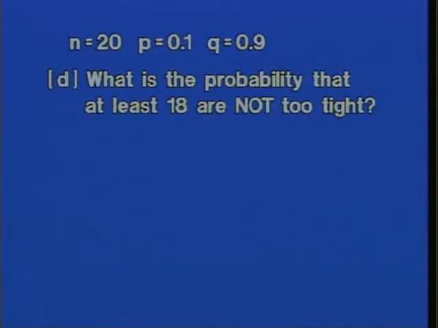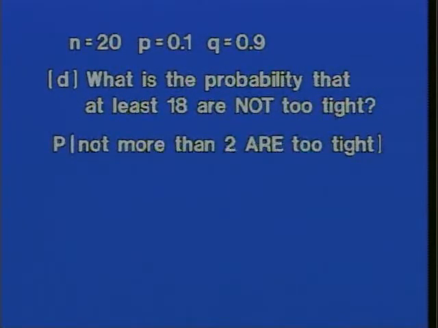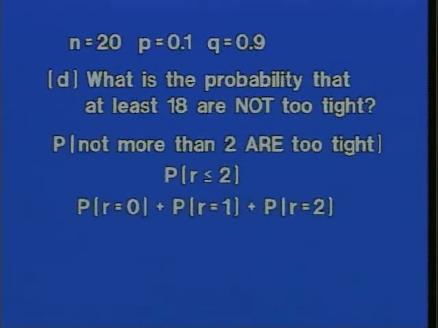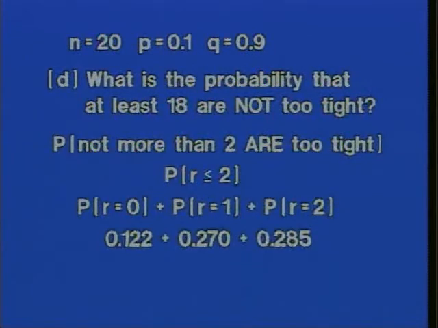If at least 18 ties are not too tight, that translates into no more than 2 being too tight. So we can think of the probability that not more than 2 are too tight to make the calculation. That's the probability that r is less than or equal to 2, which is just the sum of the probability that r is 0, plus the probability that r is 1, plus the probability that r is 2. We can simply read these numbers off of the table and add them to get our answer.